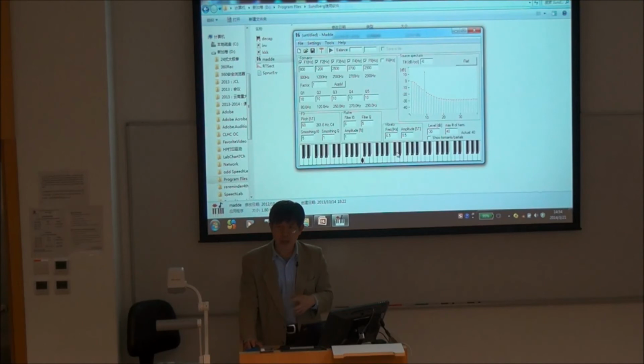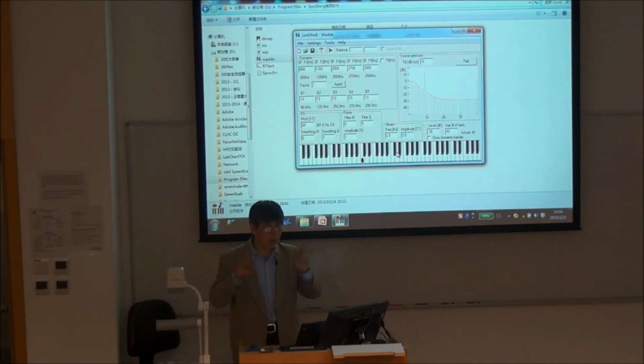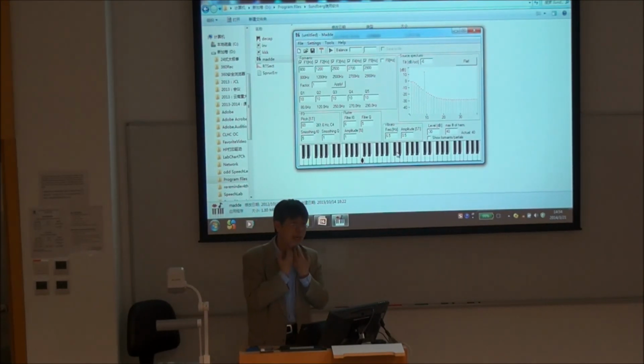It's an oral culture, one kind of very special oral culture of the Mongolian people. So there are two pitches. It's very easy for people to pronounce two pitches at the same time, and you can also change these two pitches. One is produced by the vibration of the vocal fold, and the other by the resonance.